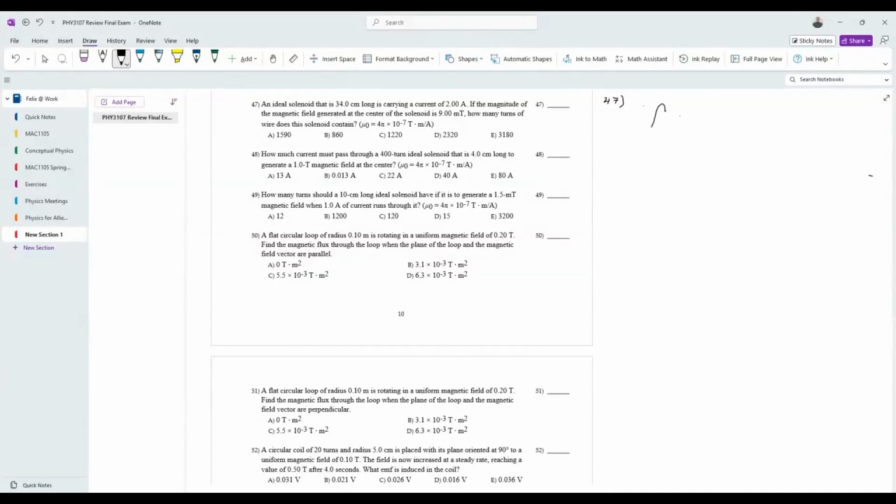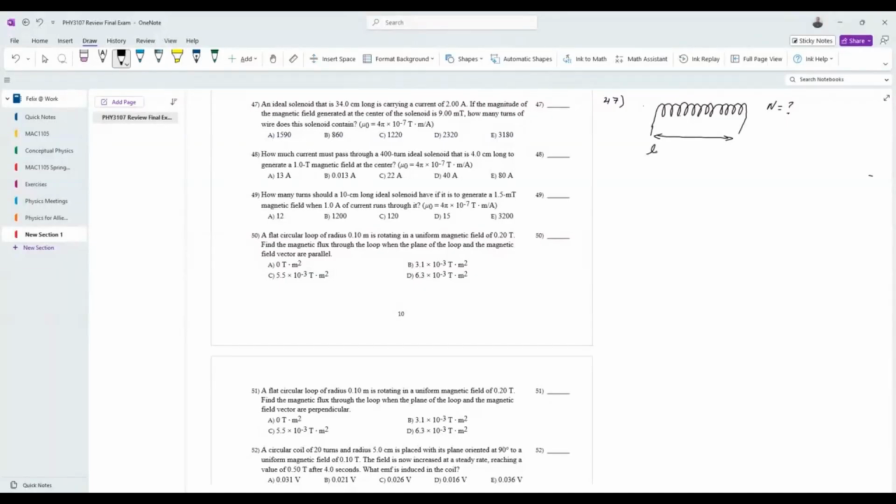So remember that a solenoid is just a wire that has been wrapped in this form. These have a number of turns, which is n, which is the unknown. It has a length.